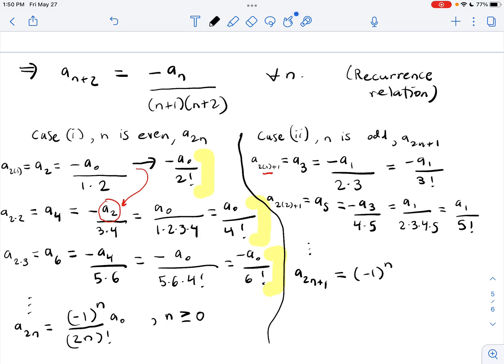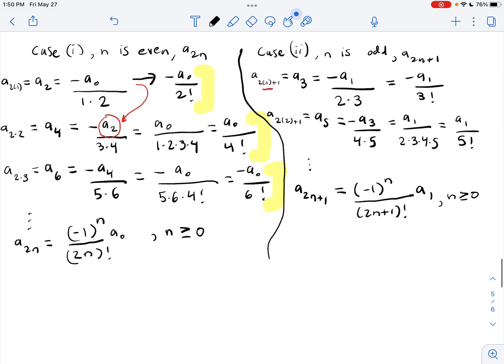And again, the number in the subscript matches the factorial. So this is going to be 2n plus 1 factorial. And then this is going to be a1. What happens if you plug in n equals 0? You actually end up with just a1 as itself. And so that means this holds for all n greater than or equal to 0.